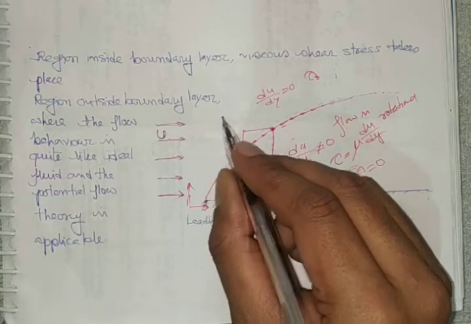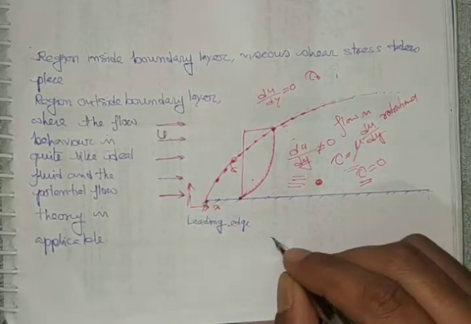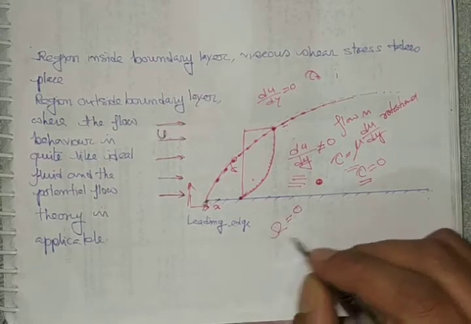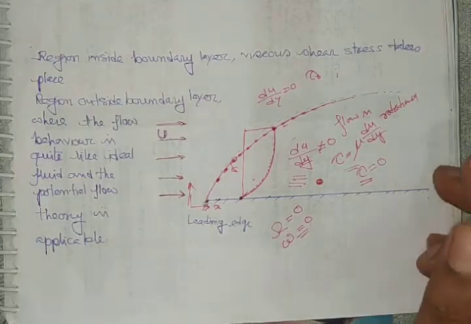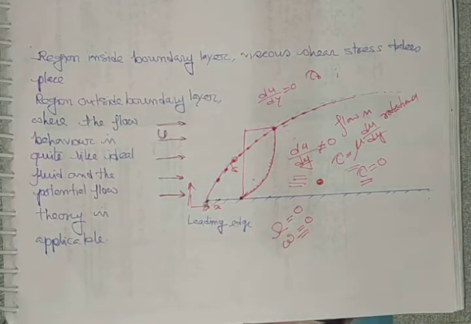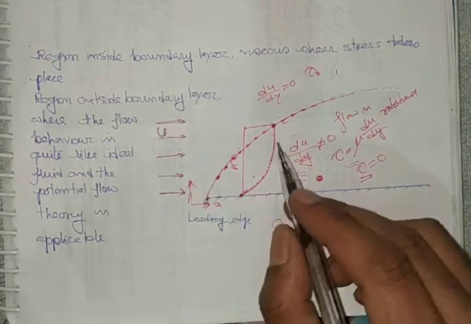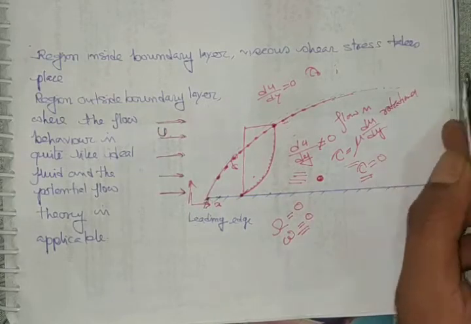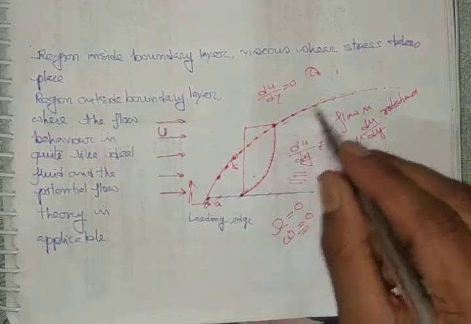If outside is irrotational, then you can say your vorticity is equal to 0, or omega is equal to 0. And if you observe from the leading edge towards the direction of x, the thickness of the boundary layer is increasing.